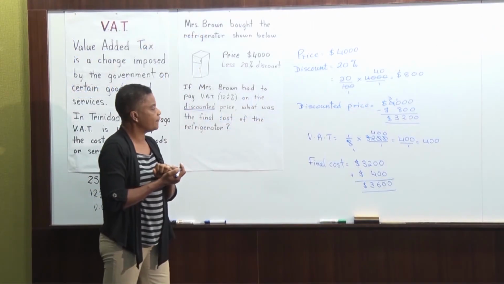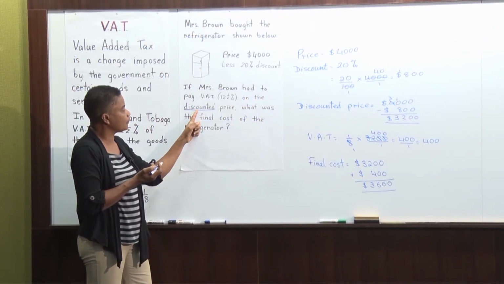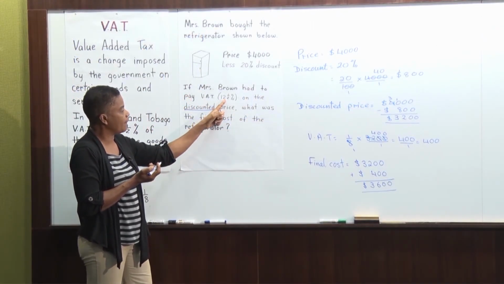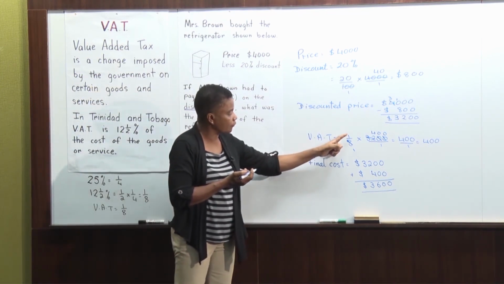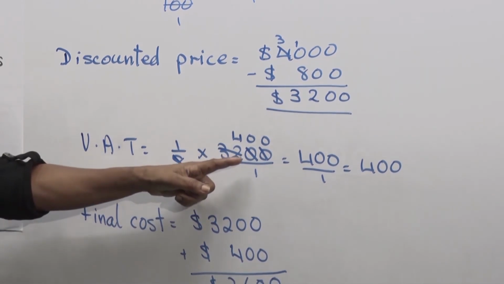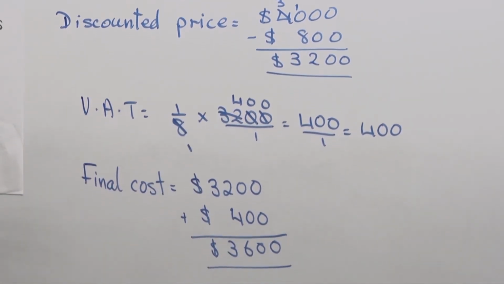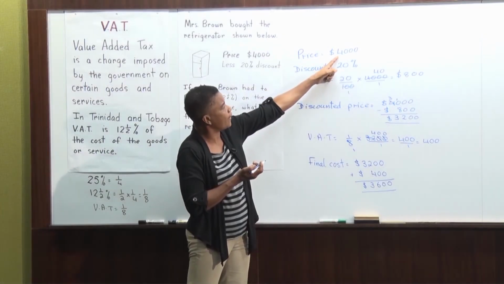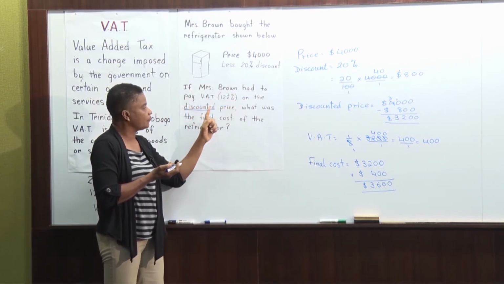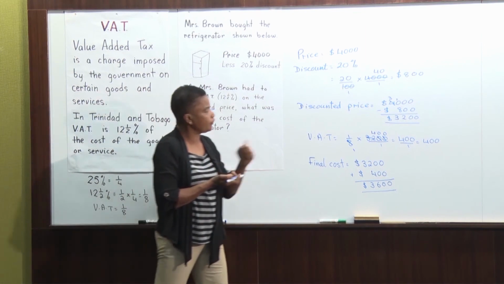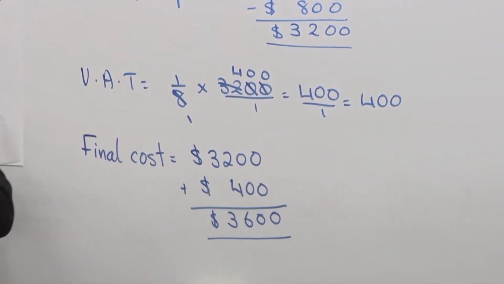She's getting VAT on the discounted price. She has to pay the VAT of 12.5 or 1/8. So we are working out 1/8 of $3,200. Why aren't we working out 1/8 of the 4,000? Because the sum says on the discounted price. So it's important we find the discounted price first.